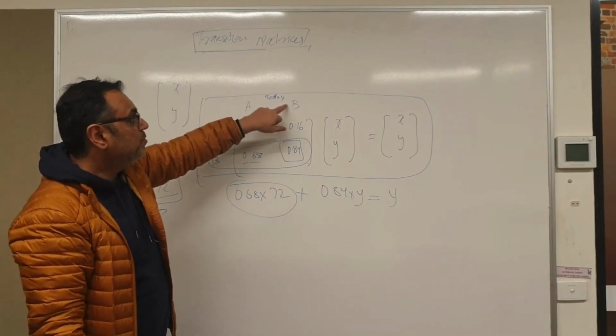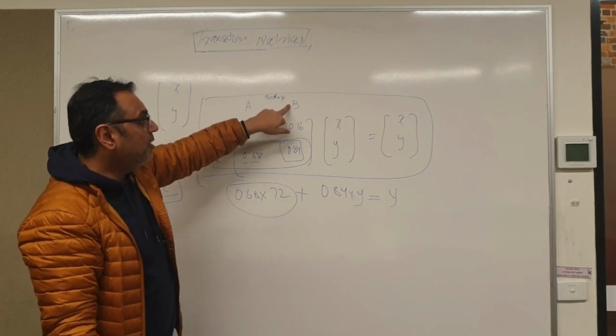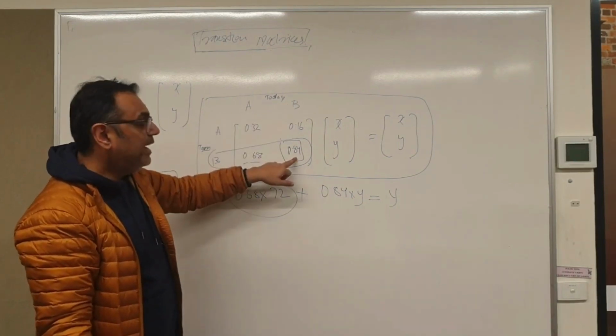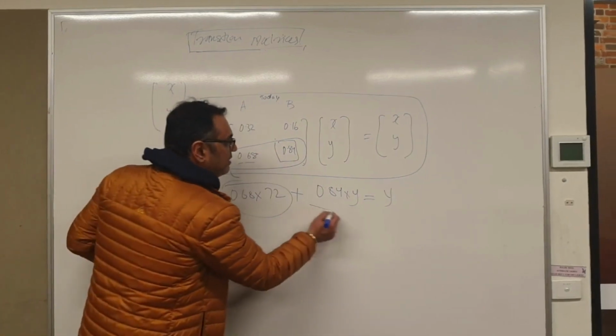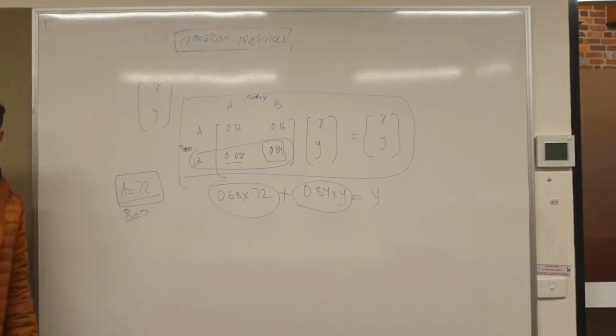and on B, 84% are returning back. So I will add 84% of Y as well.